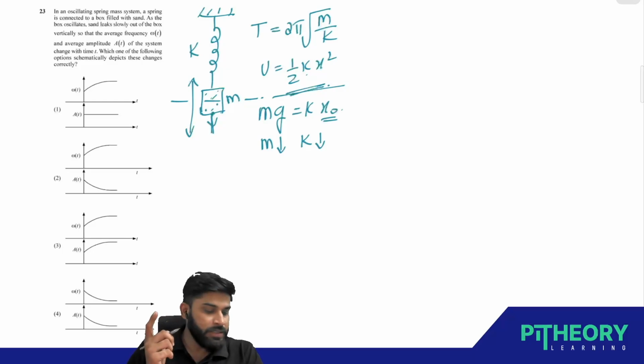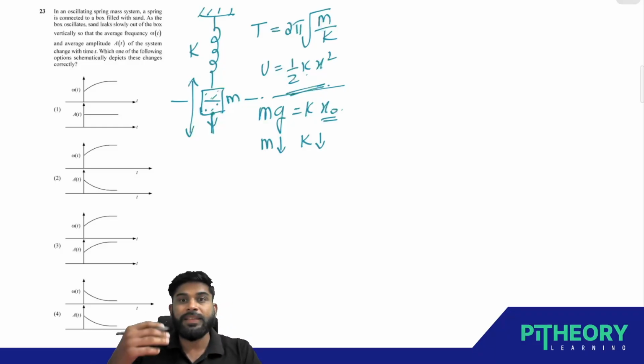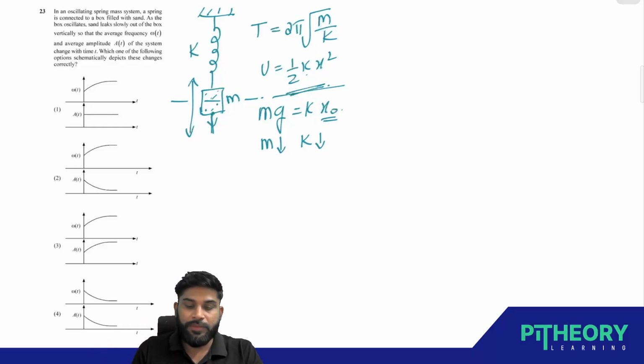The spring constant will be decreasing. So because of it, since the spring constant decreases, the energy leaks basically, correct? You can tell that the leaking sand carries away the energy, correct? So because of this, the amplitude will be decreasing.